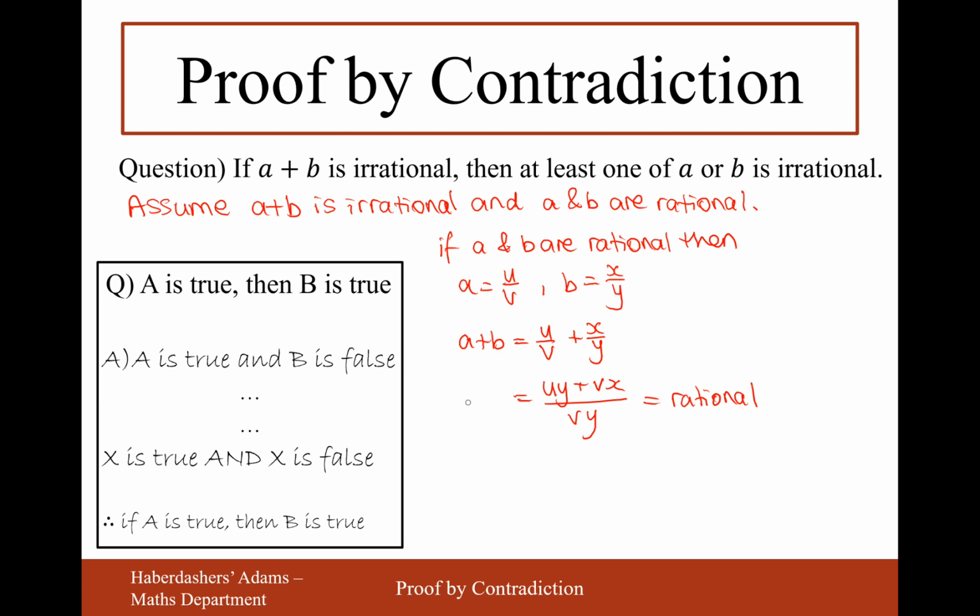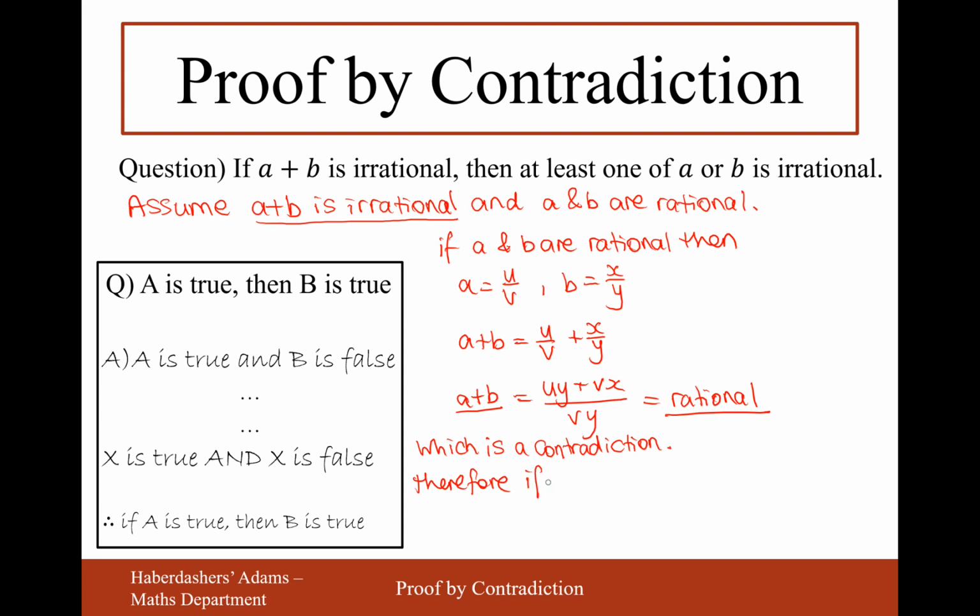Which is a contradiction, because I've now just shown that A plus B is rational and A plus B is irrational in our assumption, which is a contradiction. So therefore, the statement that has led us to that contradiction must be incorrect, so therefore the original statement must be correct.